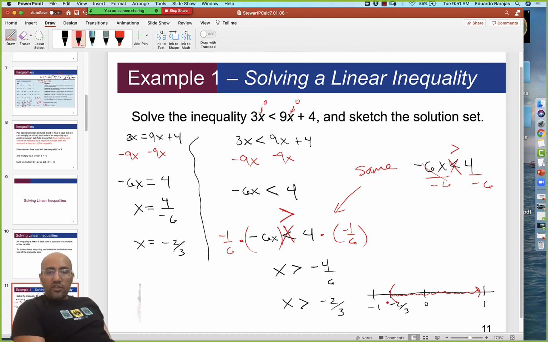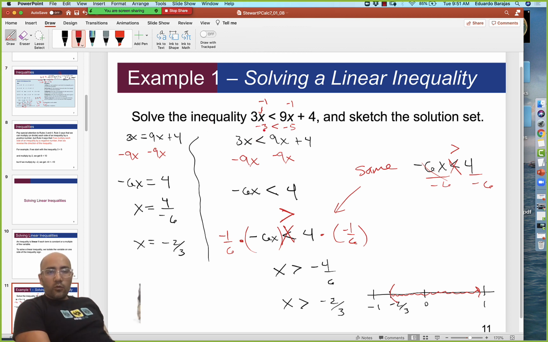Good. We can check to make sure that this side doesn't work. -1. Okay, if I replace it with a -1, that gives me -3 is less than -9 plus 4. -9 plus 4 is -5, and we know that that's not true. On the number line, the -5 is on the left-hand side of -3.